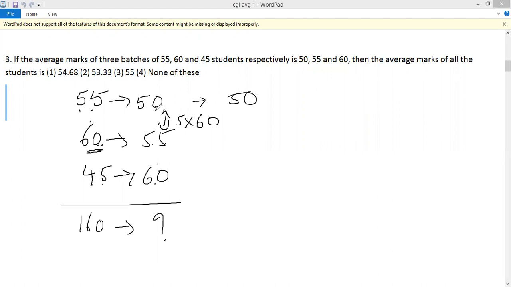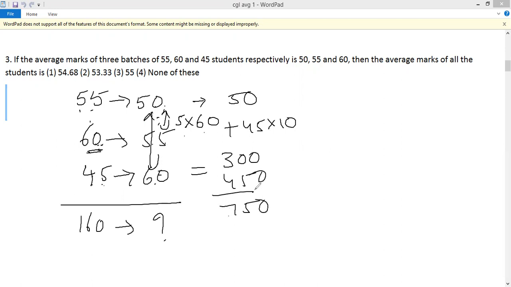Next, this one: how much distance? 50 to 60, 10. For how many? 45. Yes, 45 into 10. This total is what? 300 plus 450, 750. This 750 must be shared by how many? 160 numbers, right?